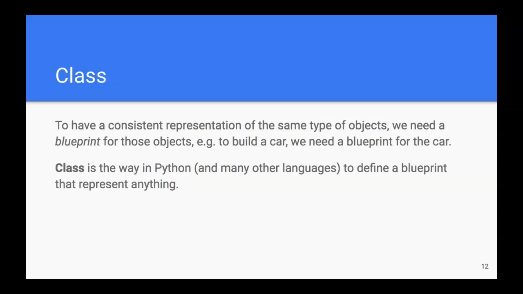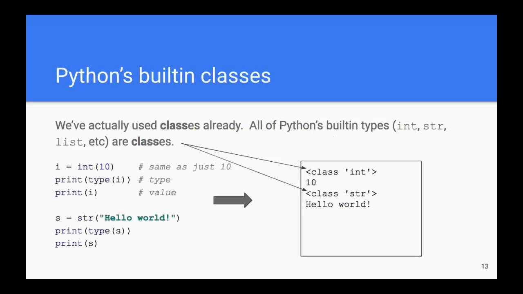Okay, so class is the ticket into object-oriented programming. Before we talk about our own class, in Python, we've actually used classes already. All of Python's built-in types, such as integer, string, etc., are all classes.